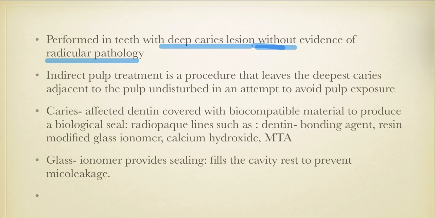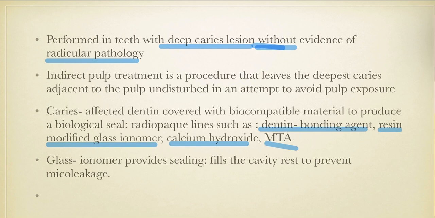The caries-affected dentine is covered with biocompatible material to produce a biological seal. We put liners such as dentine bonding agent, resin modified glass ionomer, calcium hydroxide, and MTA. Glass ionomer provides a seal to prevent microleakage.